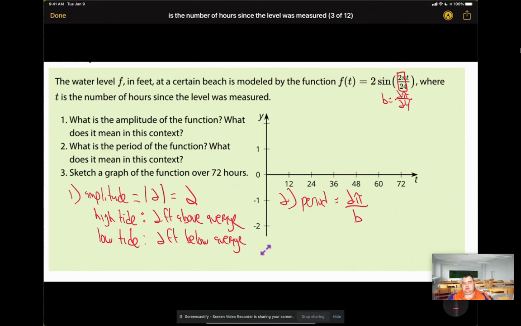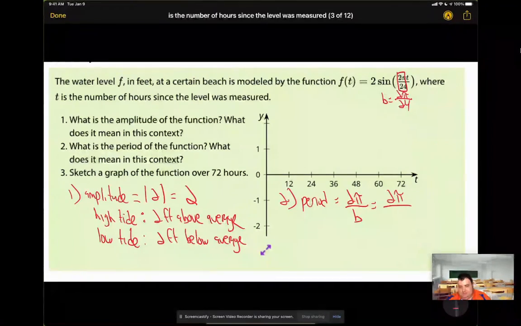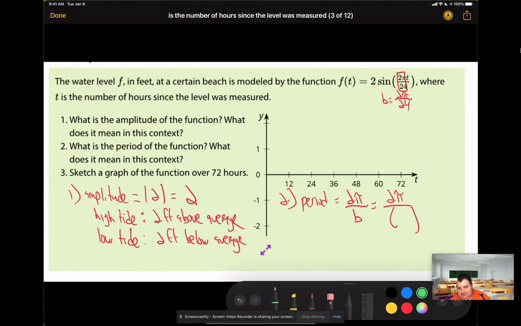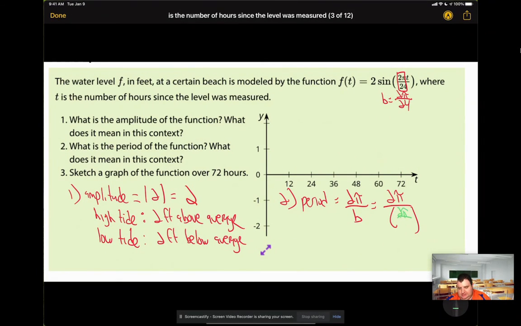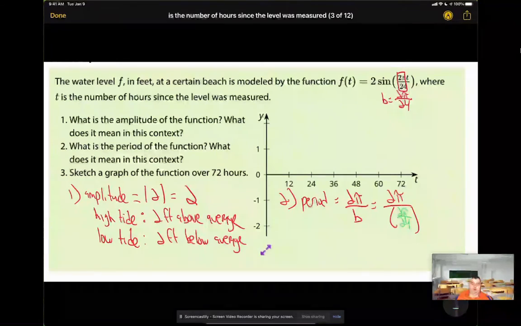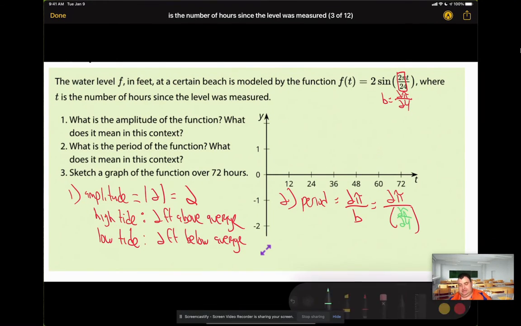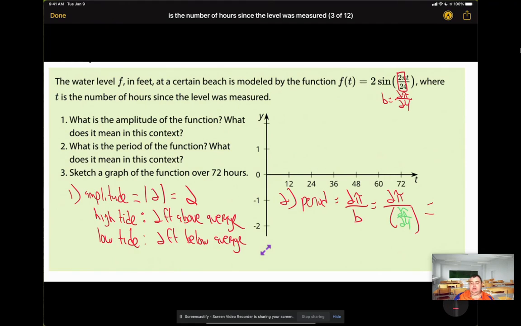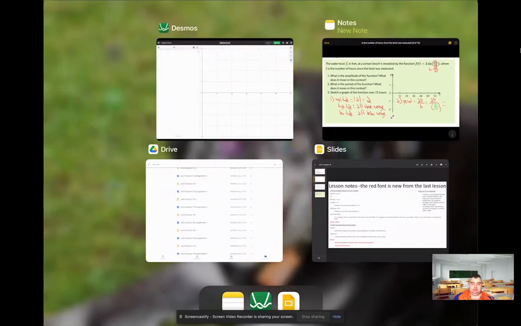Okay, so this is going to be 2 pi divided by 2 pi over 24. And you could calculate this in your head, or if you need to use a calculator, use a calculator. I'll just use Desmos.